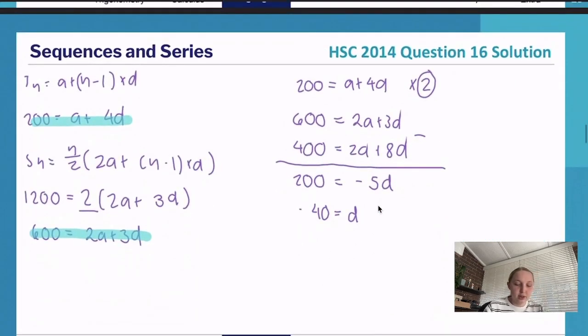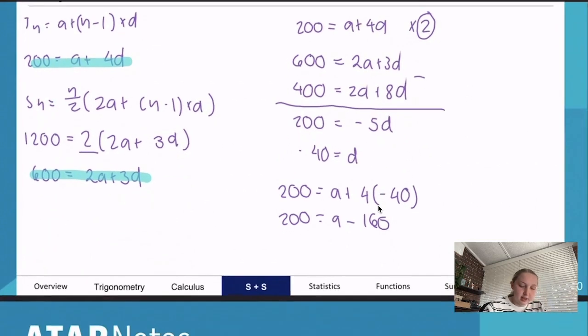So 200 equals a plus 4 times minus 40, so 200 is equal to a minus 160, and then a is equal to 360.